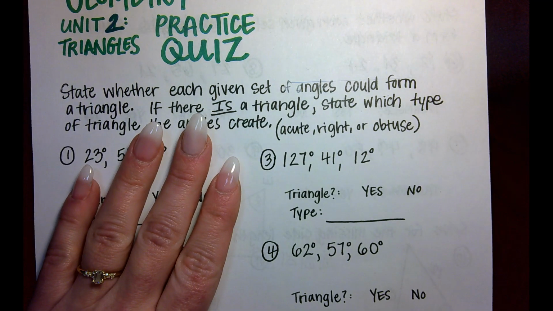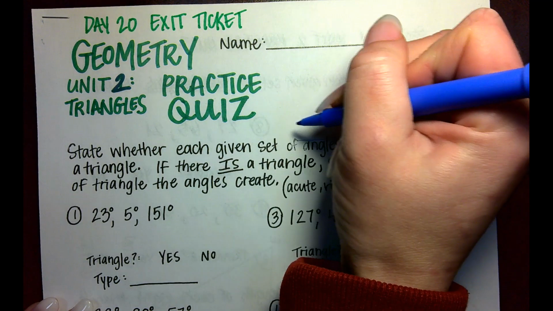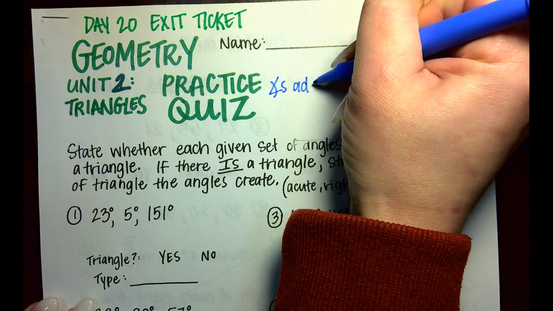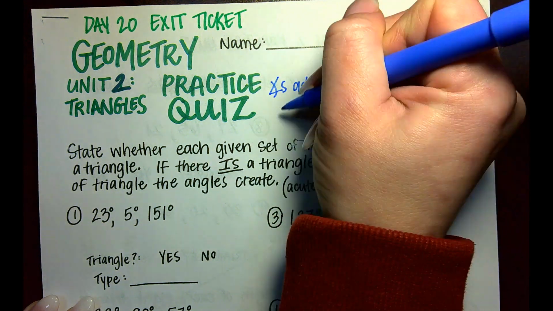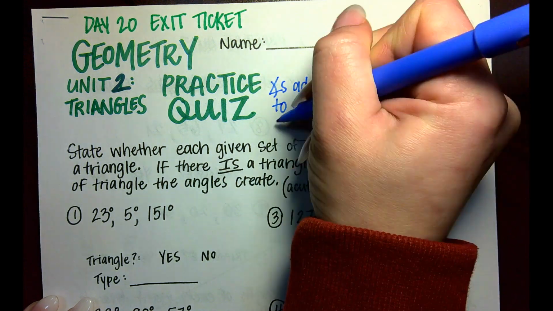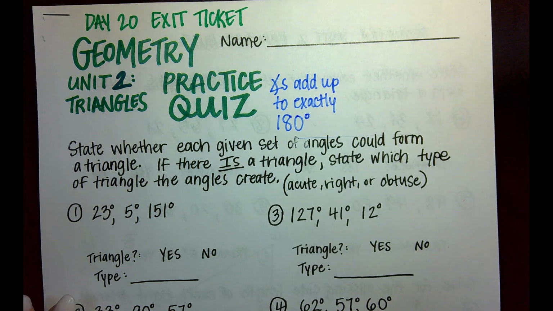So before we answer these, how are we going to know if the angles create a triangle? How do we check? If it adds up to 180. Yes, so angles add up to exactly 180 degrees. That's how we know.